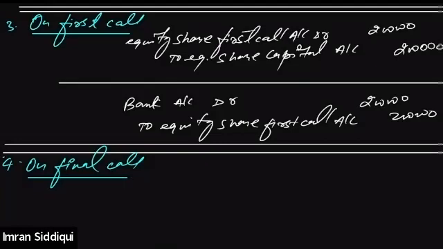That is right. And for the receipt, it will be bank account debit to share final call. All right, is that correct? Yes, sir. Prerna and Jafar, will you be able to pass the journal entry on your own for the final call? Yes.